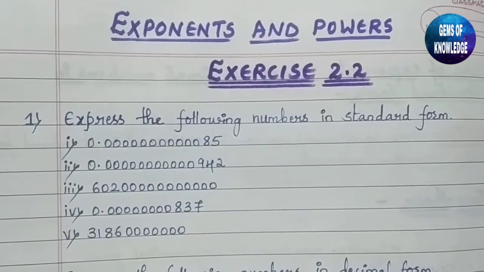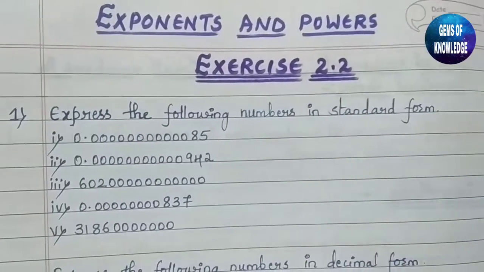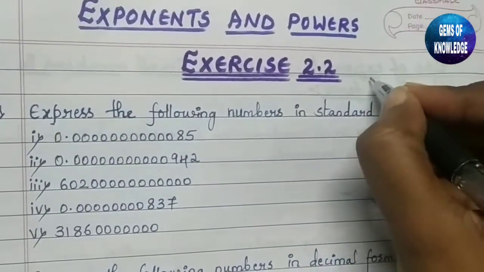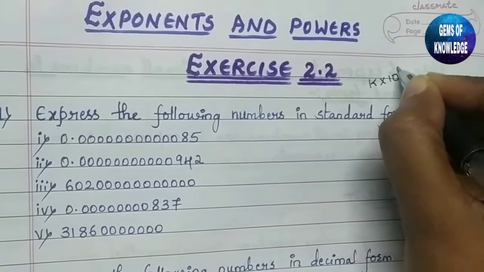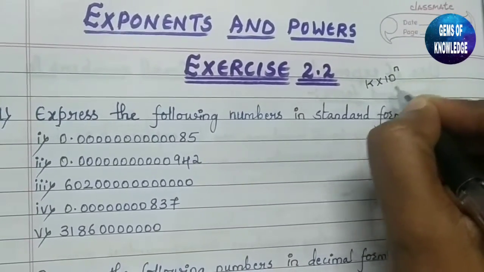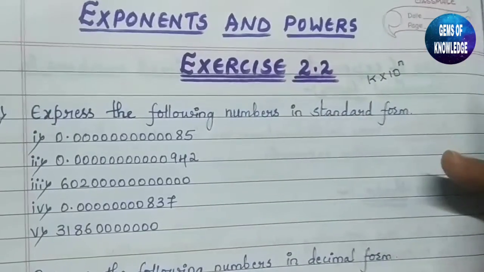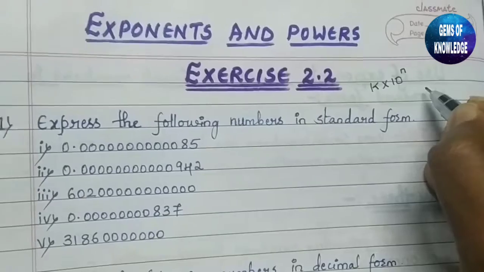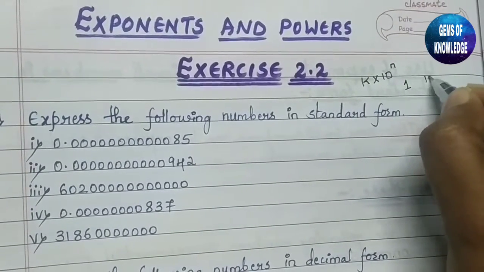So let me tell you what the standard form is in case of exponents and powers. The standard form will be written in this way, that is k into 10 to the power of n, where n is an integer and k is between 1 and 10.